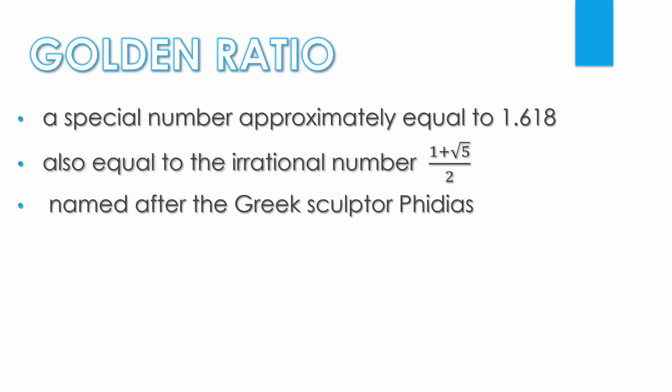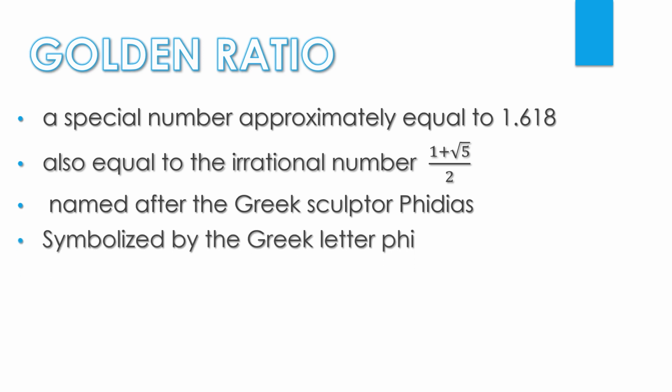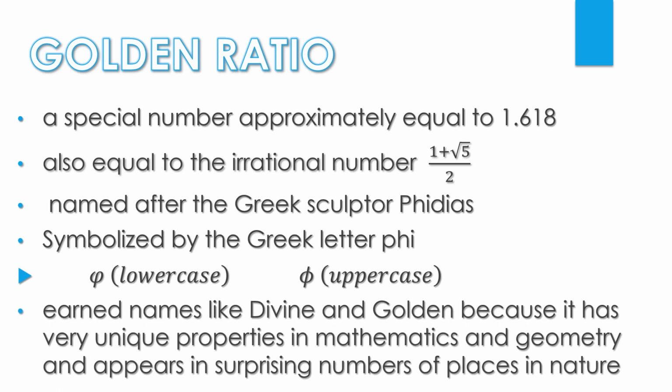Next, it is named after the Greek sculptor Phidias, and is symbolized by the Greek letter phi, lowercase and uppercase. It earns names like divine and golden because it has very unique properties in mathematics and geometry and appears surprisingly in numbers and places in nature.